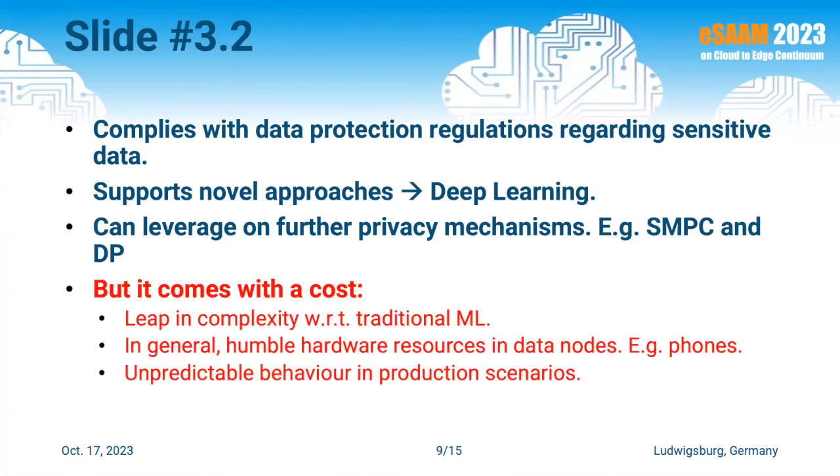So next slide, please. But it also comes with a cost. First, because there is a leap in complexity with respect to traditional machine learning for the end user. As an AI practitioner, of course, you need to get in touch with a wide variety of areas, not only because you need to know how the model itself works, the local learner, but also how the aggregation is done, how everything is deployed on site, etc. And also because in general there is humble hardware if you compare it with data centers.